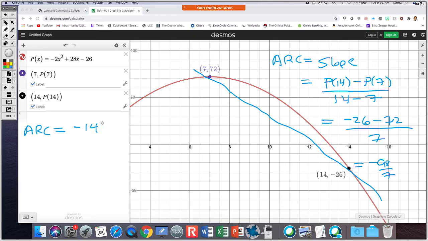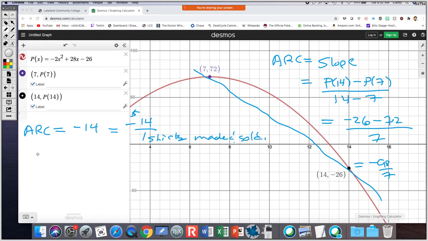So remember, average rate of change is a slope. Think of that as negative 14 what? Well, the numerator here is profits. That's in dollars. So negative $14 per what? The inputs are shirts that are made and sold.